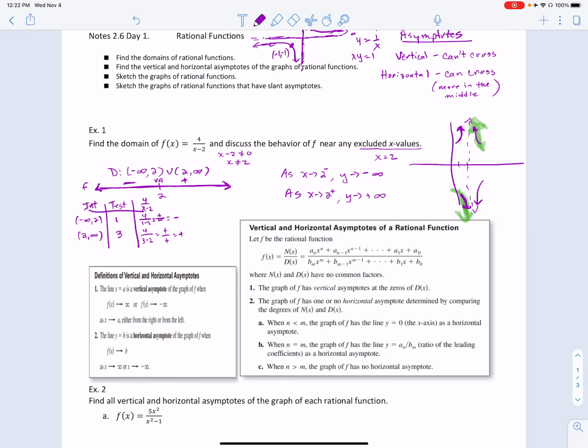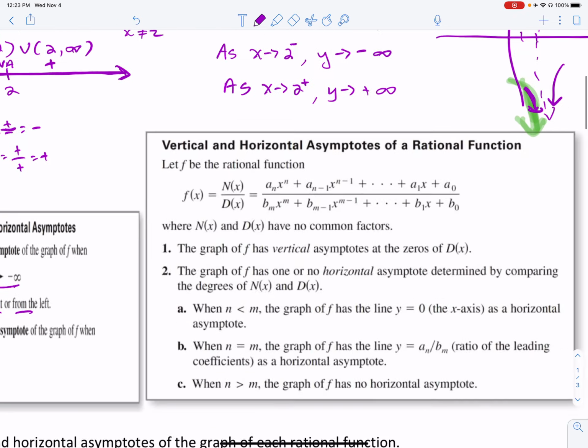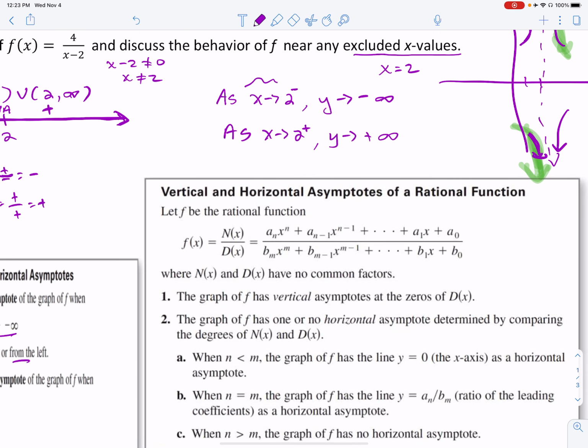All right. So now we're going to look at definitions of vertical and horizontal asymptotes. A vertical asymptote is when you have an excluded value and the y values go to positive or negative infinity as x approaches that from the right or from the left. So when we're going up here, this means approach 2 from the left.